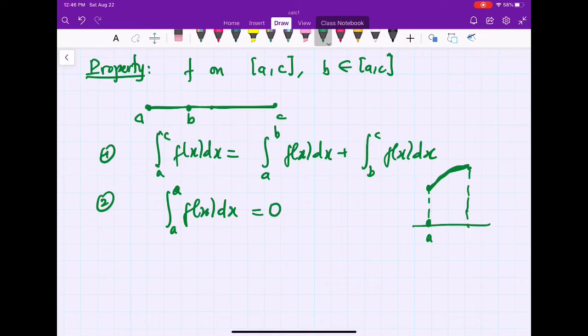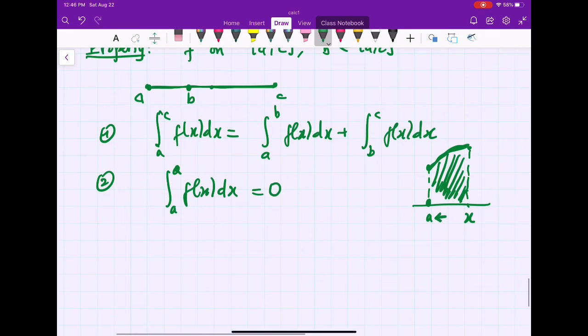You have x in here, and then you take the limit when x approaches A. That means the area of this region is just close to 0. Does that make sense? Because the function is continuous. So that's why the definite integral from A to A is just 0. Or you can see that using the Riemann sum, because delta x is 0.